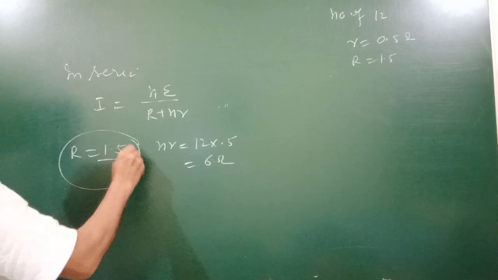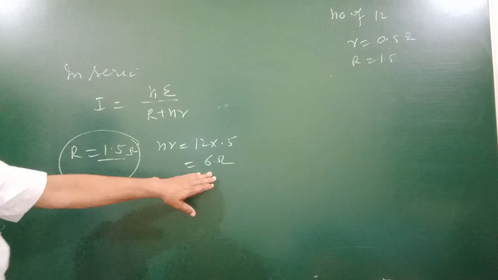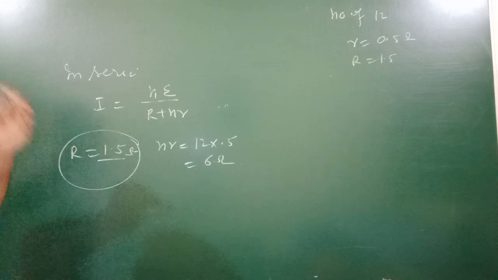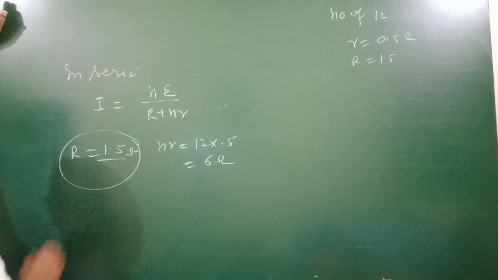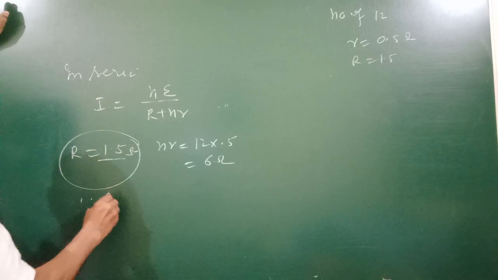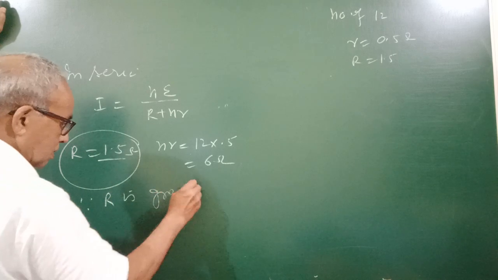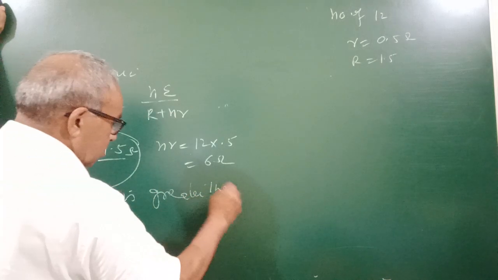Small r 1.5 ohm is not greater than this. So we cannot connect in series to get maximum current, since R is not greater than NR.